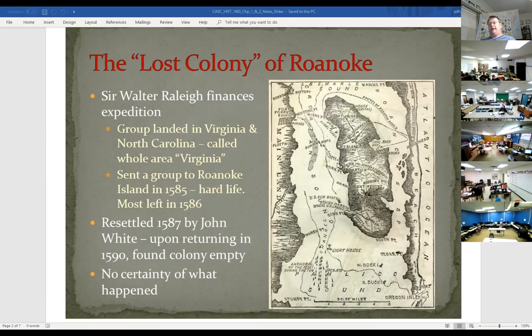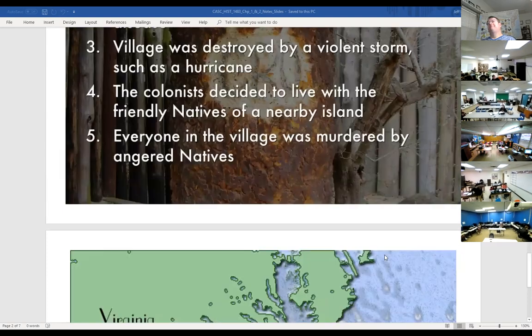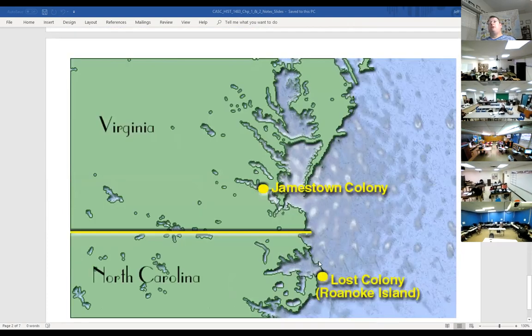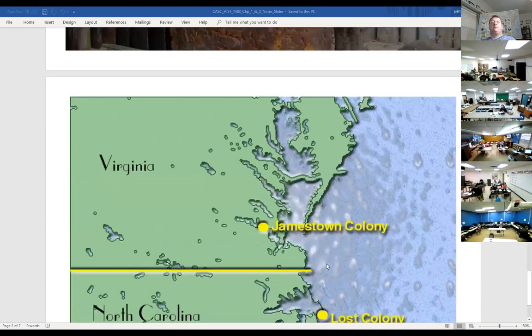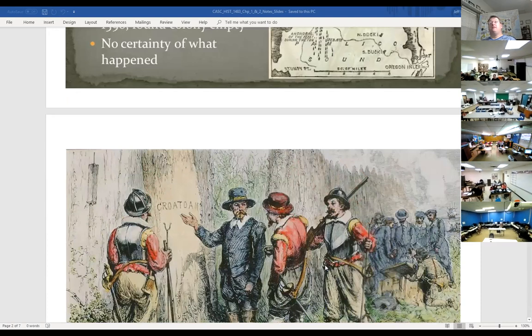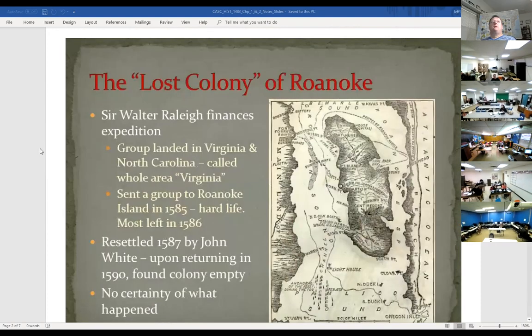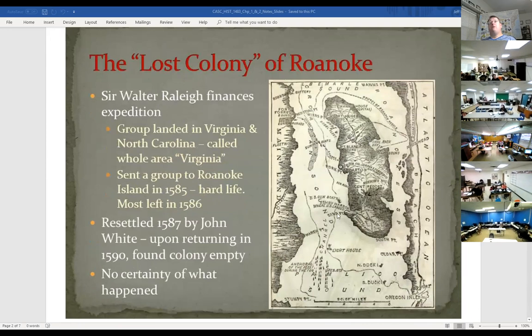And the way the island is situated, as you saw down here, there's kind of a barrier piece of land between the island and the sea. So this is not the best place in light of storms, hurricanes, things like that. So life there was very hard for those 100 men, and most of them left in 1586, or they did leave.